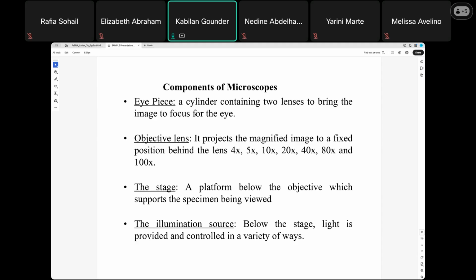The next is objective lenses, which project the magnified image to a fixed position behind the lenses. Each has a different magnification, and many lenses are available in the market. You can select which one you want to utilize. The next is the stage, the platform below the objective, which supports the specimen being viewed.